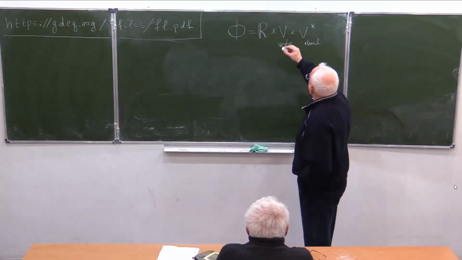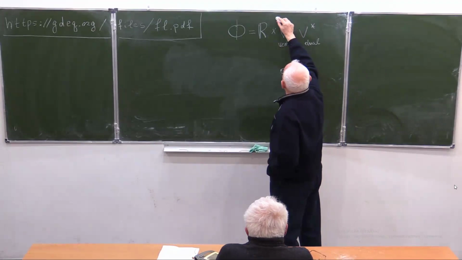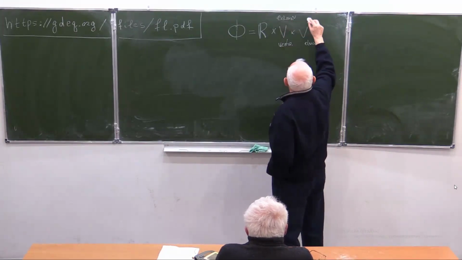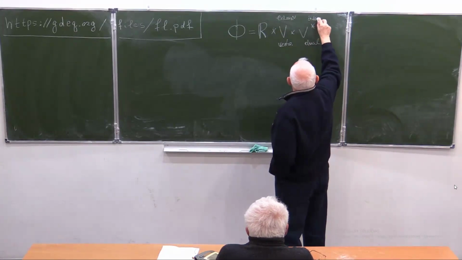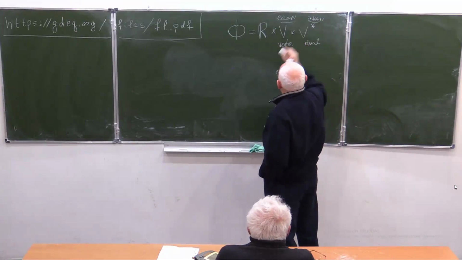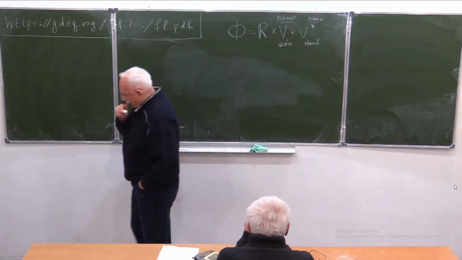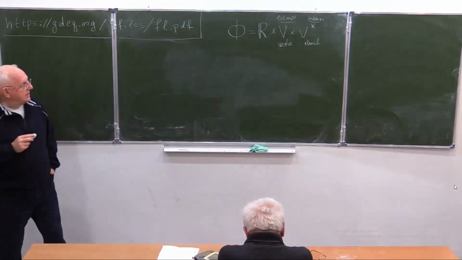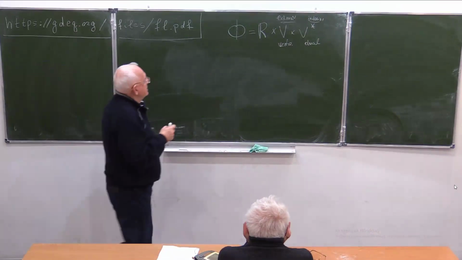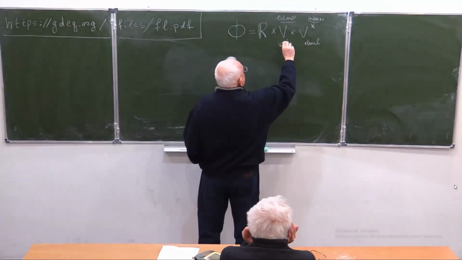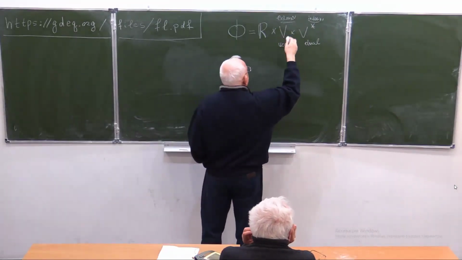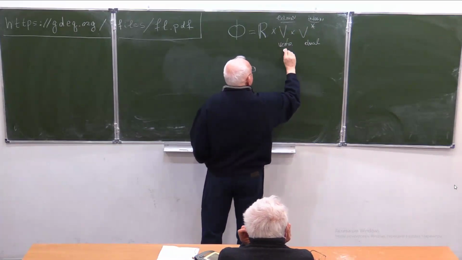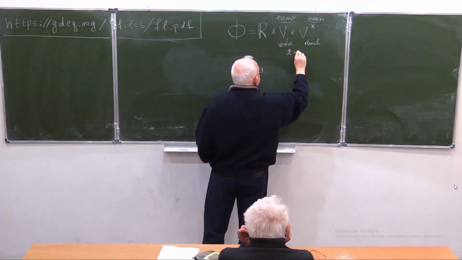It's what they usually call extensive, and this is intensive. So relative to dimension n, this dimension is n, so the whole dimension is 2n as well.